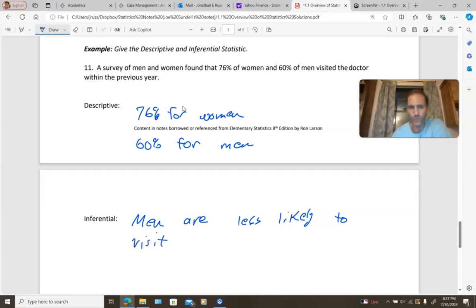There's lots of inferences we could make here, guys. We could also say that, well, maybe this means that men just simply don't get sick as much, and therefore they don't need to go to the doctor. That's probably not the case. Okay. Now, the inference that I would make is that men are less likely to go to the doctor. But this would be an example of how we can use inferential statistics.